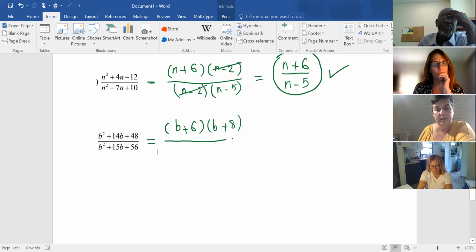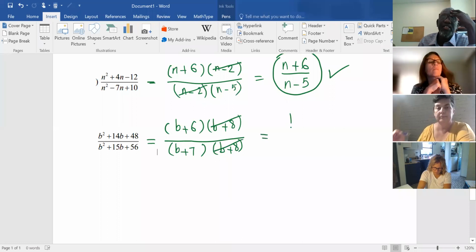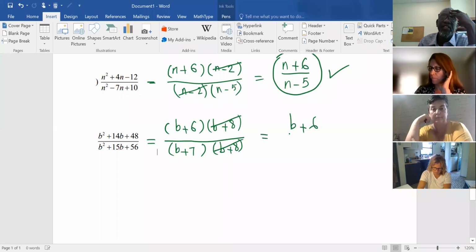And the bottom one would be b plus 7 and b plus 8. Same logic, same thing. I see b plus 8 on both. I cross them out, and I get b plus 6 over b plus 7, and that's going to be my final answer.